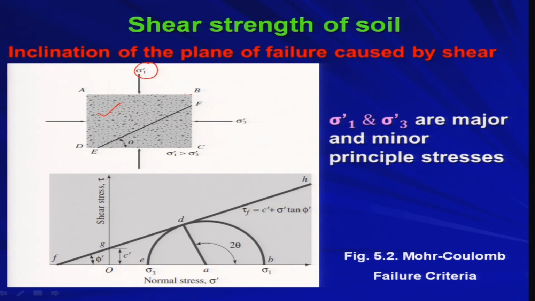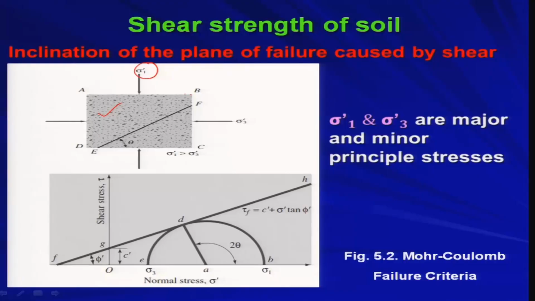So, on the AB plane your major principal stress is acting. Similarly, along BC and AD, your minor principal stress is acting, that is sigma 3 prime. Therefore, these planes will become minor principal planes.